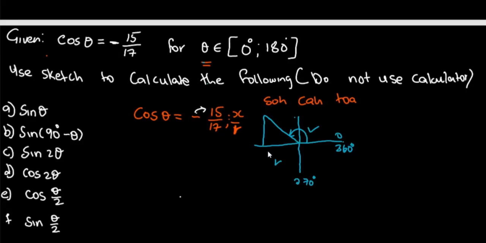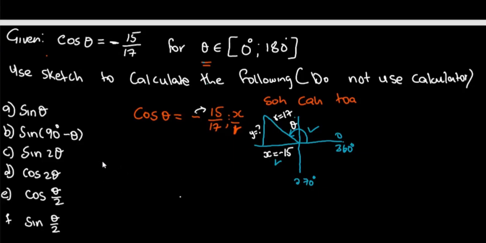So this will be my x, which is minus 15. X is minus 15, this is theta, and my r is 17. What is your y? We don't know the value of y. We need to first find y. How can we find the missing side?